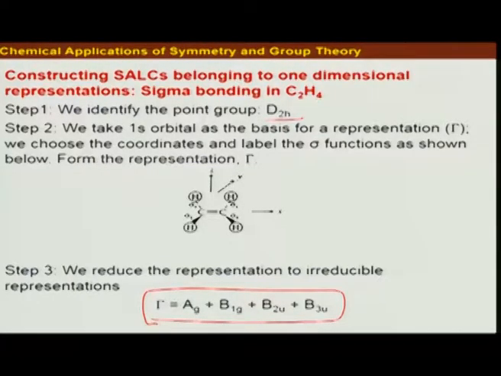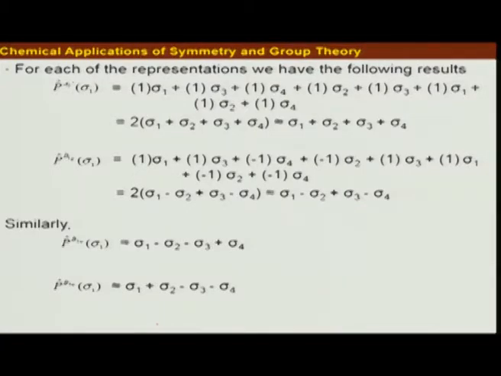Okay, so in the next step, what you have to do, here it is not A2 prime, so this is P of Ag. We have taken these basis functions, the bond vectors sigma 1, sigma 2, sigma 3, sigma 4.